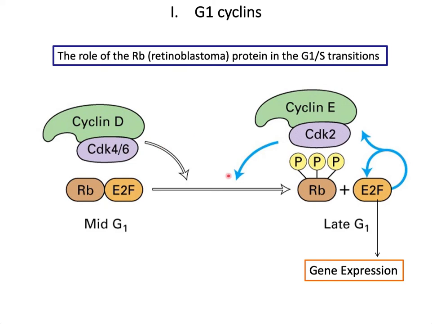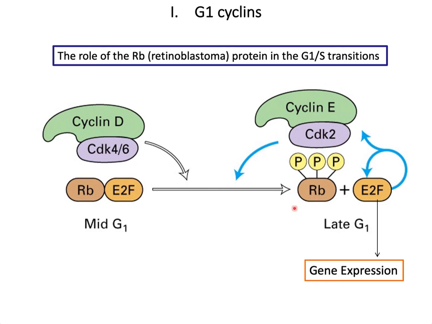As cyclin D is being synthesized in G1, and as the cyclin D CDK dimer becomes activated during G1, one of the targets of this kinase is the retinoblastoma protein. So the RB becomes phosphorylated.